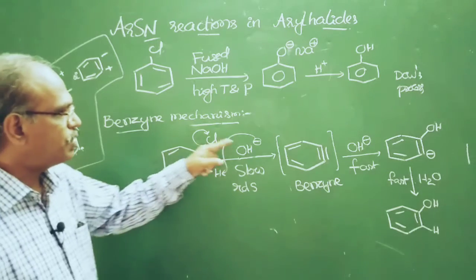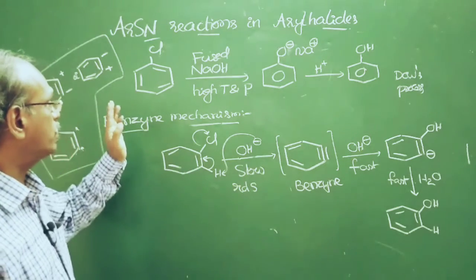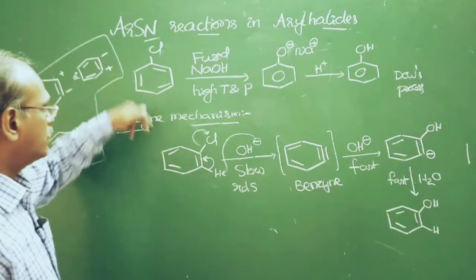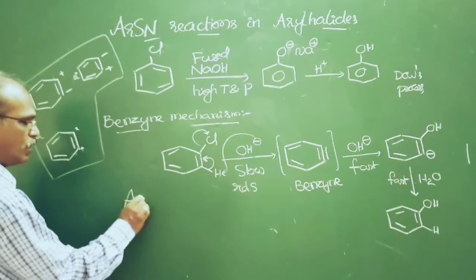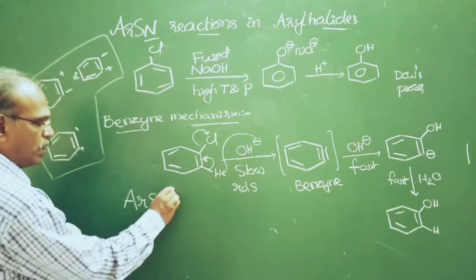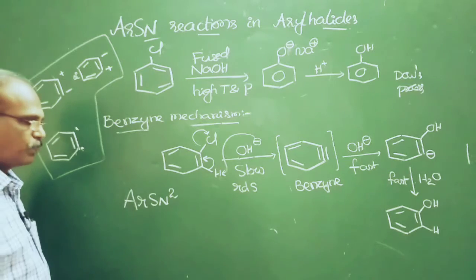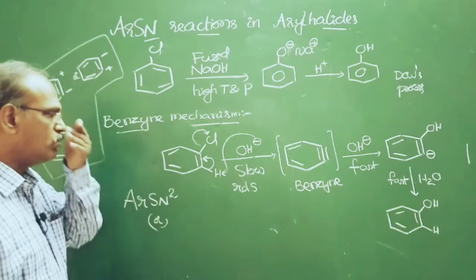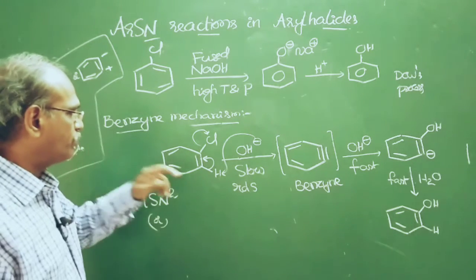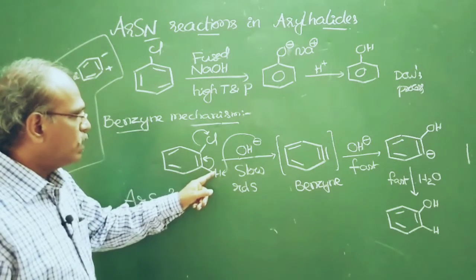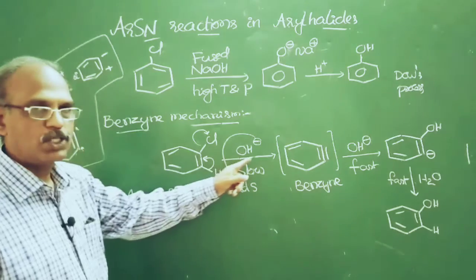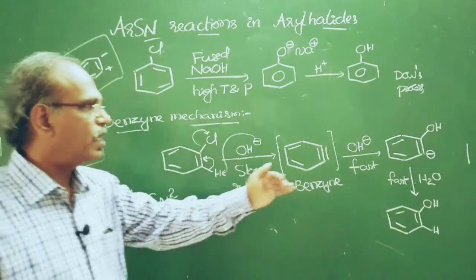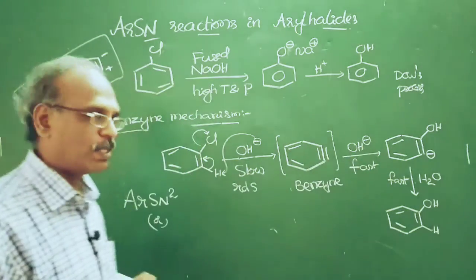And the net reaction is nucleophilic substitution in an aromatic compound. That's why it is also said to be an Ar-SN2 reaction. Another name is, see, first loss of HCl takes place, elimination. Thereafter this OH minus is added.